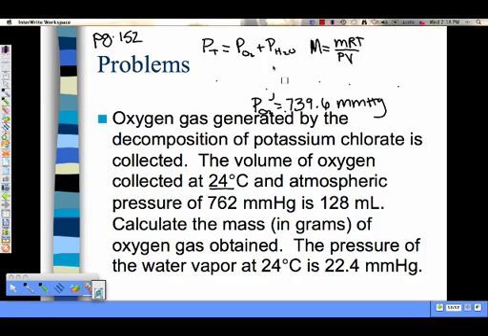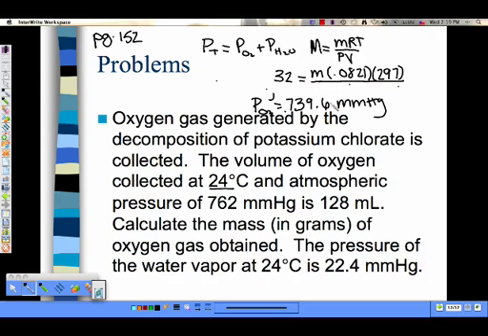What do we know? We know the molar mass of oxygen is 32, and we're going to calculate the mass, so we need m. Do we know R? Yes, we know R. And the temperature is 24 degrees Celsius, which is 297 Kelvin.